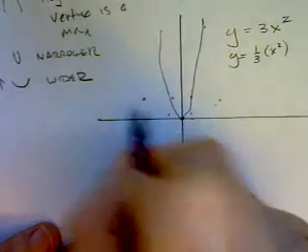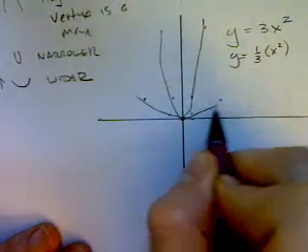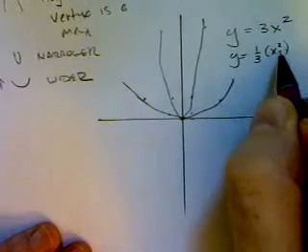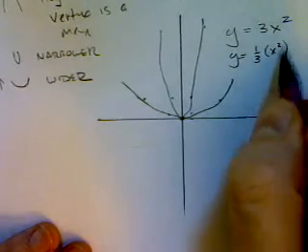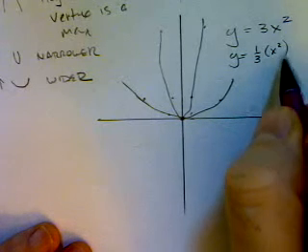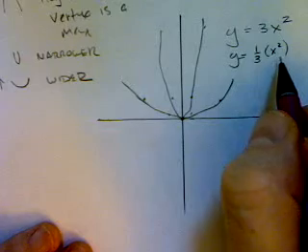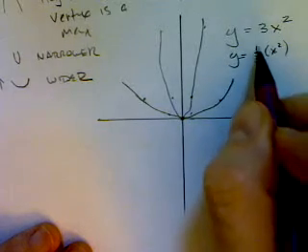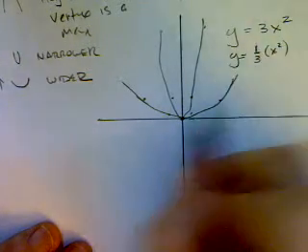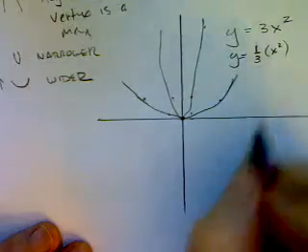And we see we're still pointing up. That makes sense, because regardless of what x is, the value of x squared is always going to be positive. And if the coefficient is positive, the y must always be positive.